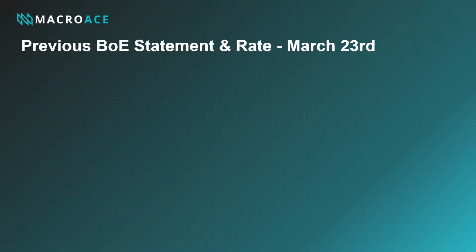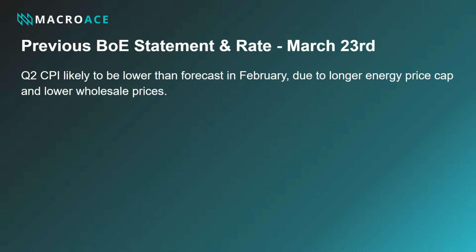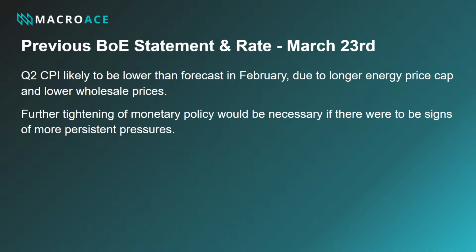Now, the previous Bank of England rate statement: the Q2 CPI, they said, is likely to be lower than forecast in February due to the longer energy price cap and lower wholesale prices.